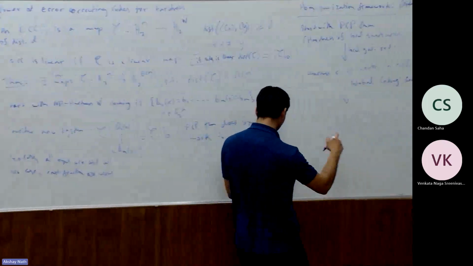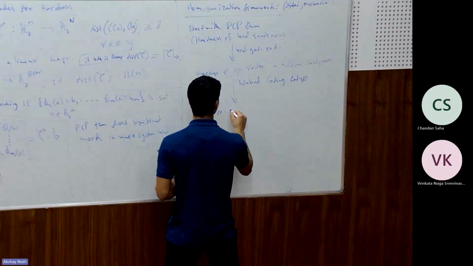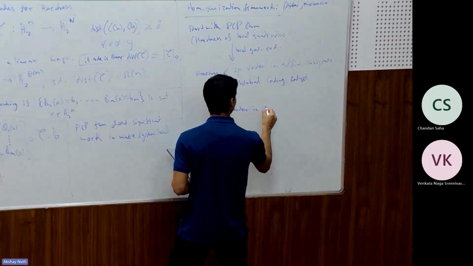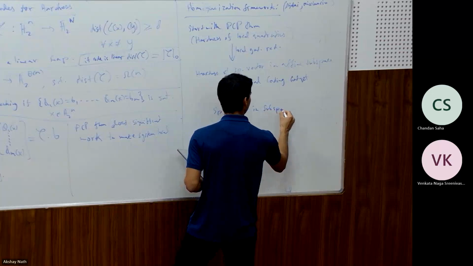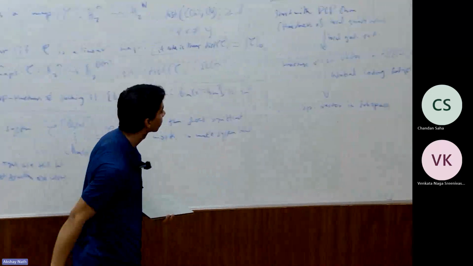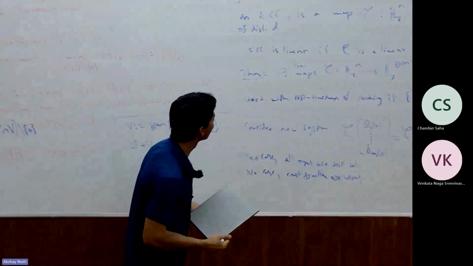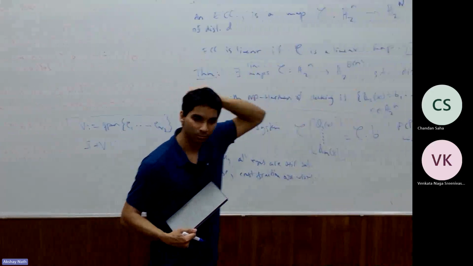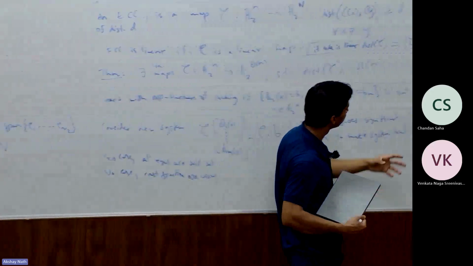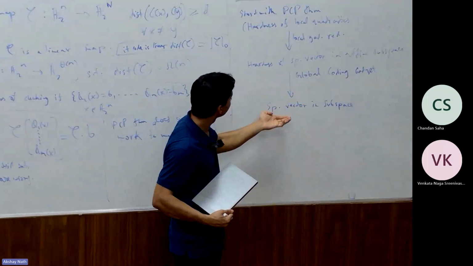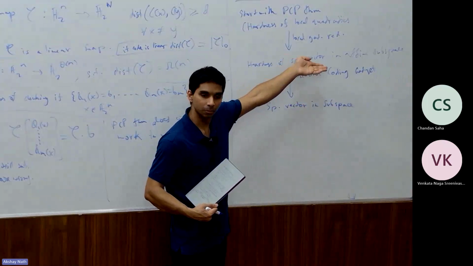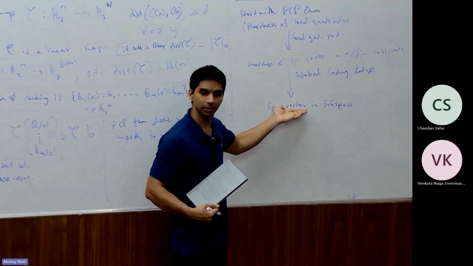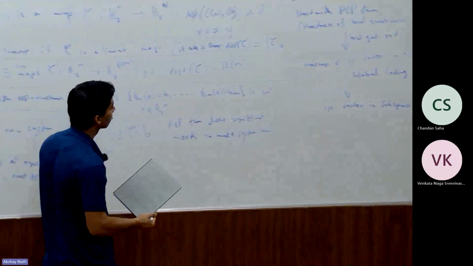You then use a global coding gadget to get hardness of sparsest vector in subspace, this time not affine. In a similar way to how we got hardness out of nowhere from here, you do it there too. So you can use these global coding gadgets to simulate an affine sparsity problem with just a sparsity in subspace problem.